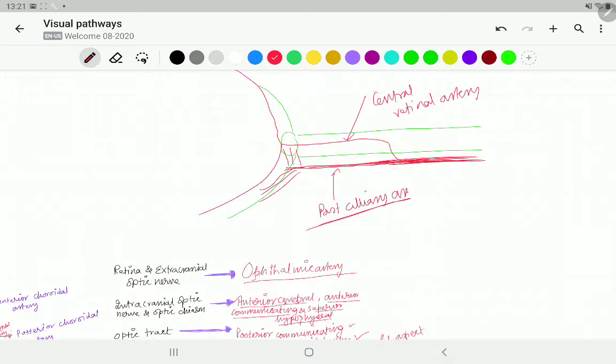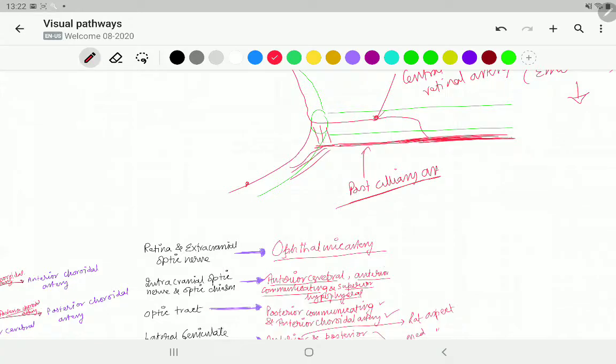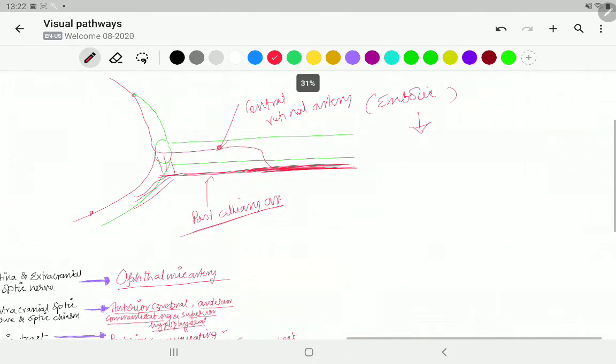Now there are different types of lesion we get to see. If the central retinal artery is occluded, or if a branch of the central retinal artery is occluded, which is usually embolic, and the causes are usually the same as we see in hemispheric or brain stroke, the features would be: because the central retinal artery is occluded, the retina will be devoid of any blood supply, so it will become pale.